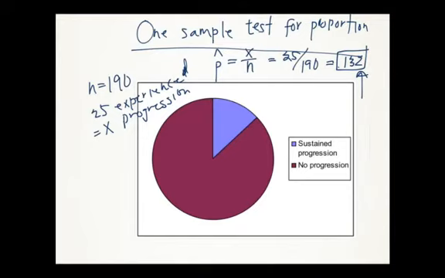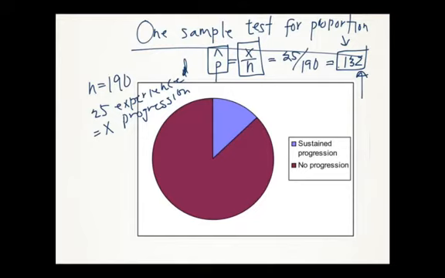We need an estimate of the variability of our estimate. We have an estimate, p hat. We just took the number who got progression divided by the total number there were, and we got this 13.2%. Now we need an estimate of the variability. So we want to know, what is the variance of a proportion?